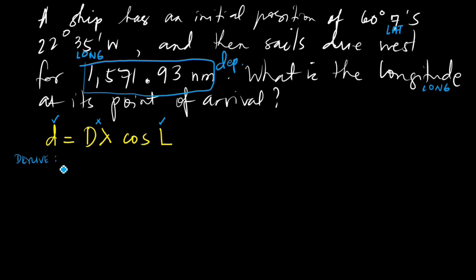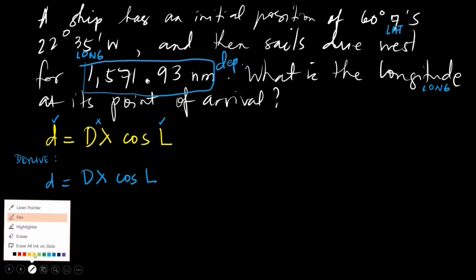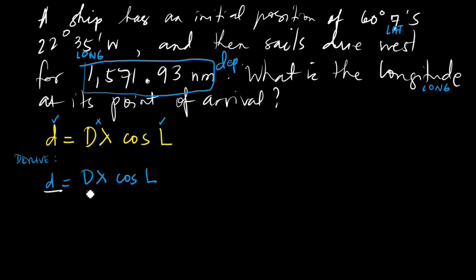So in deriving, since we have D equals difference in longitude times cosine of the latitude, we need to remove the cosine of L on the right side. So we need to divide both sides by cosine of L and then cancel this.